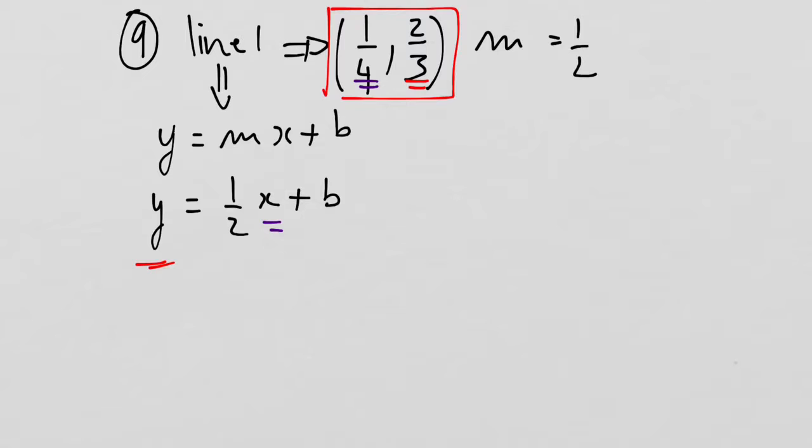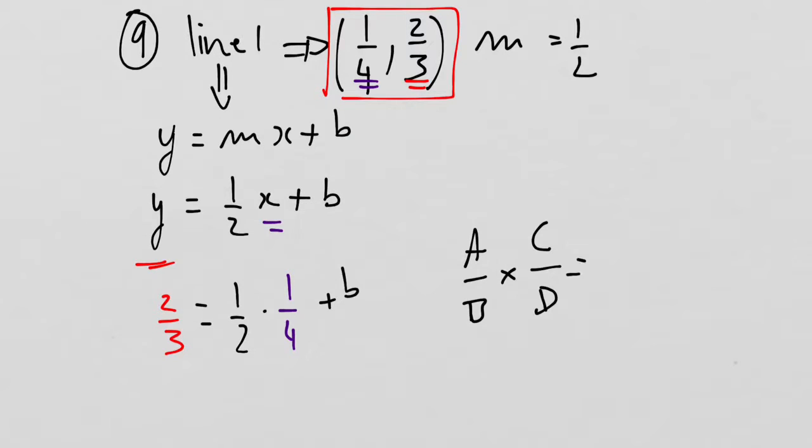And so what happens is I'm going to have 2/3 equal 1 over 2 times 1/4 plus b. Okay, so reminder, when you have a over b multiplied by c over d, it's equal to a multiplied by c over b multiplied by d.